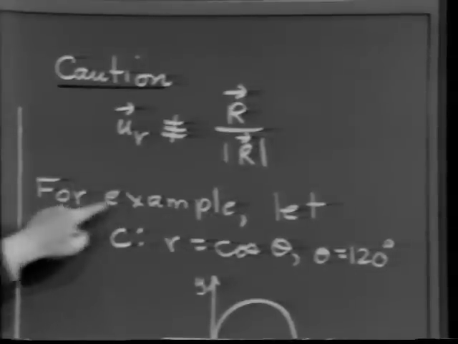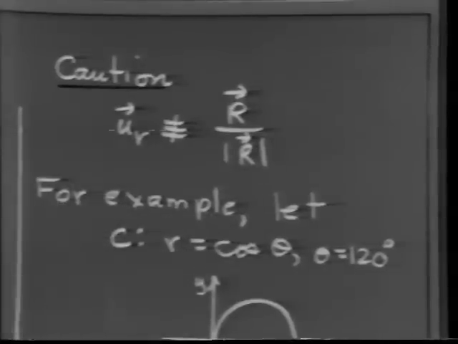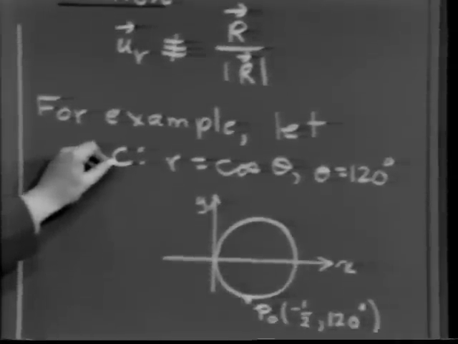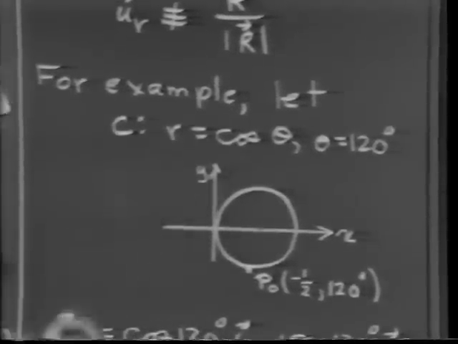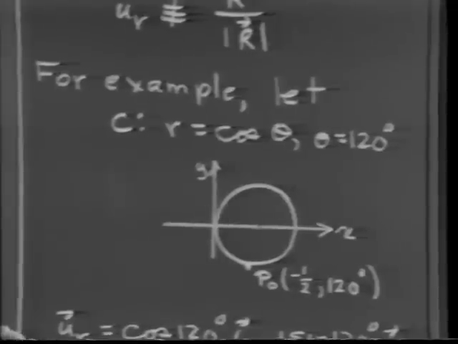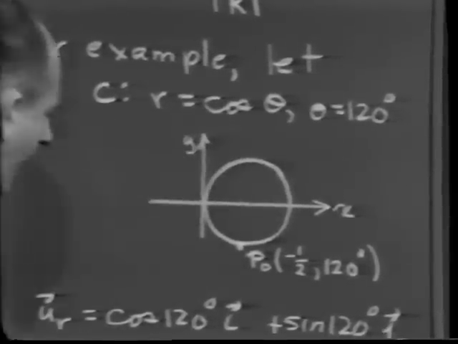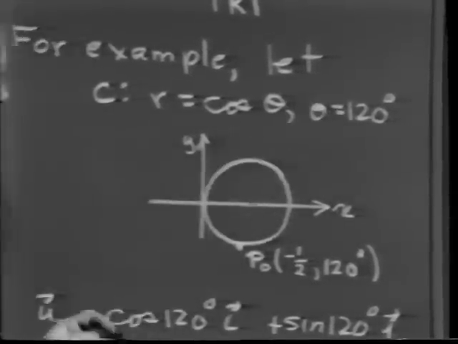Instead of talking about this thing abstractly, let me give you a concrete example. Let's take the curve which in polar coordinates has the equation r equals cosine theta. Okay? As you recall, this would be this particular circle here. Now, let's take theta to be 120 degrees.